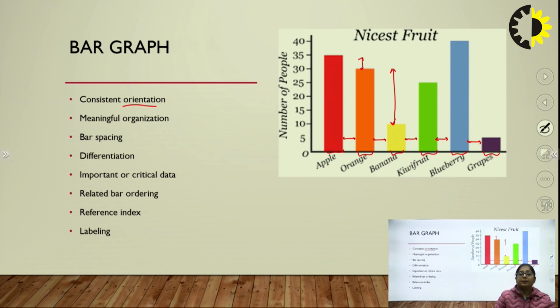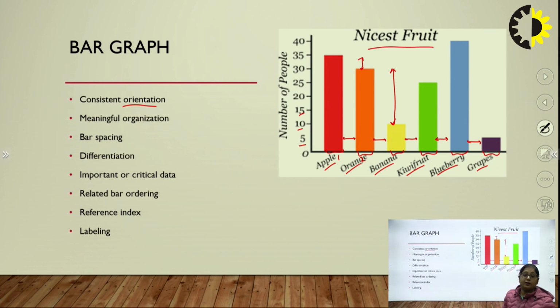Next, bar ordering. You can use the ordering here, the 1, 2, 3 and so on. And reference index. Here the reference index is apple, orange, banana, blueberry, grapes, and the number of people who use these fruits in one day. Based on the use we have to find the nicest fruit.